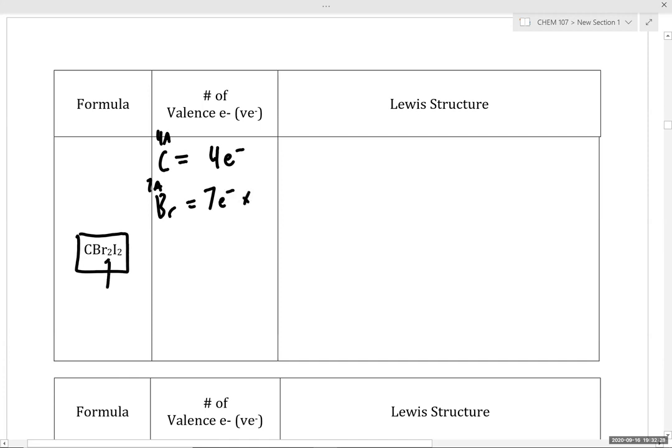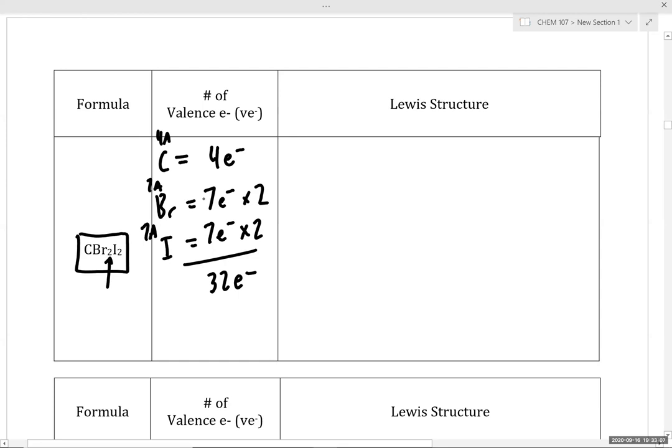And how many bromine atoms do we have? 2. So we multiply this 7 by 2. For iodine, it's also a 7A element. So how many electrons does iodine have? 7. And we have 2 iodines. So we have 7 times 2 plus 7 times 2 plus 4. That gives us 32 electrons. And you can do this with your calculator.